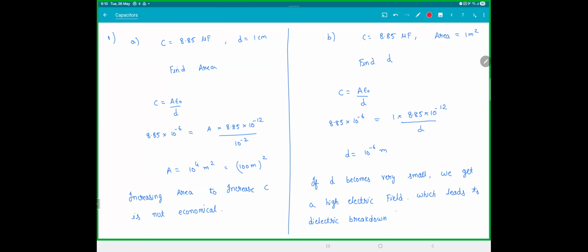So dielectric breakdown is nothing but the charge will start leaking. Charge will jump from one plate to another plate. Not a good idea. Basically, that's your spark. And whenever you get sparks, you get a lot of heat. And when you get a lot of heat, the circuit literally burns down.